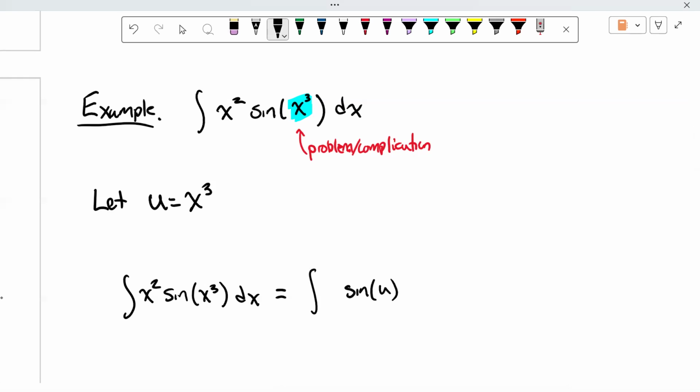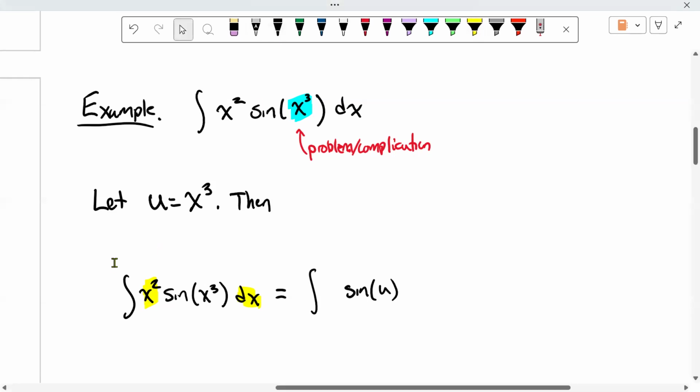And what do I do with these things? The x squared and the dx, those are different letters than u. How do I deal with that? Well, here's the trick. I'm going to take the derivative of u.